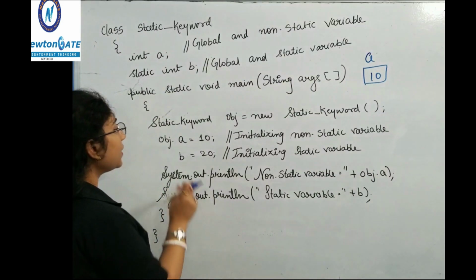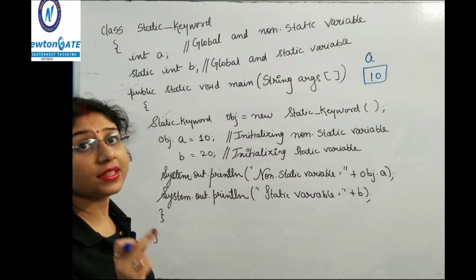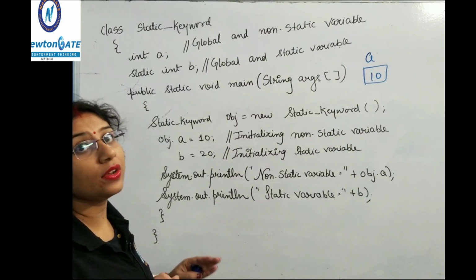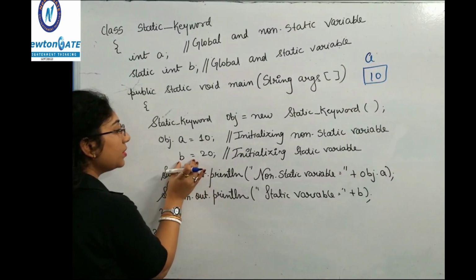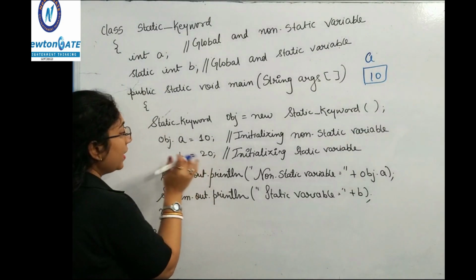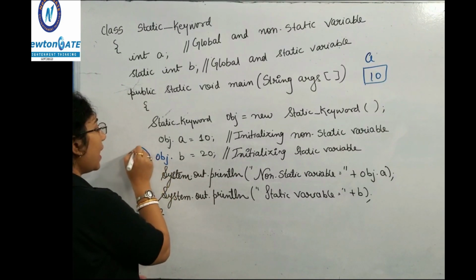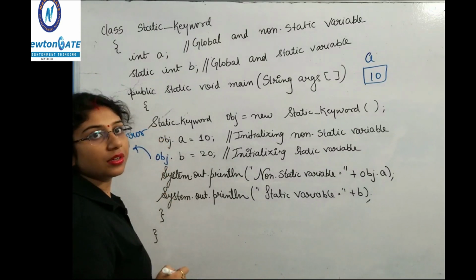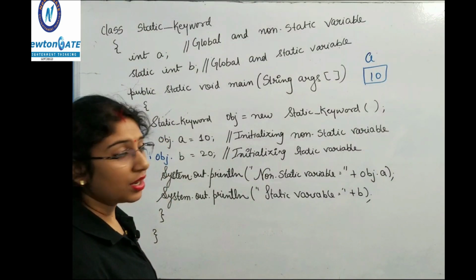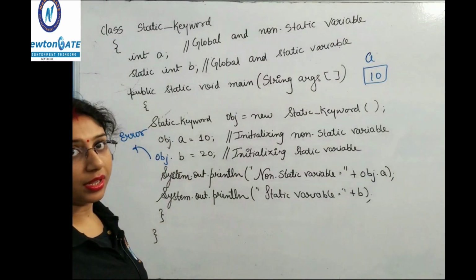Now the next line is written directly: b equals 20. As I just told you, for accessing a static variable, I don't need any object. That's why without an object we will access it. But if you write obj.b, then this line will trigger a syntax error, because we are violating the rule of a static variable.